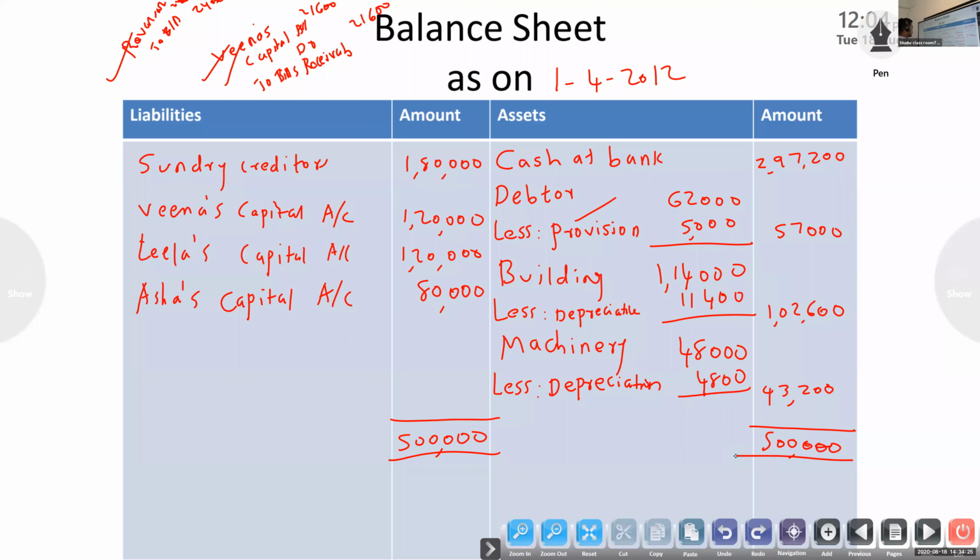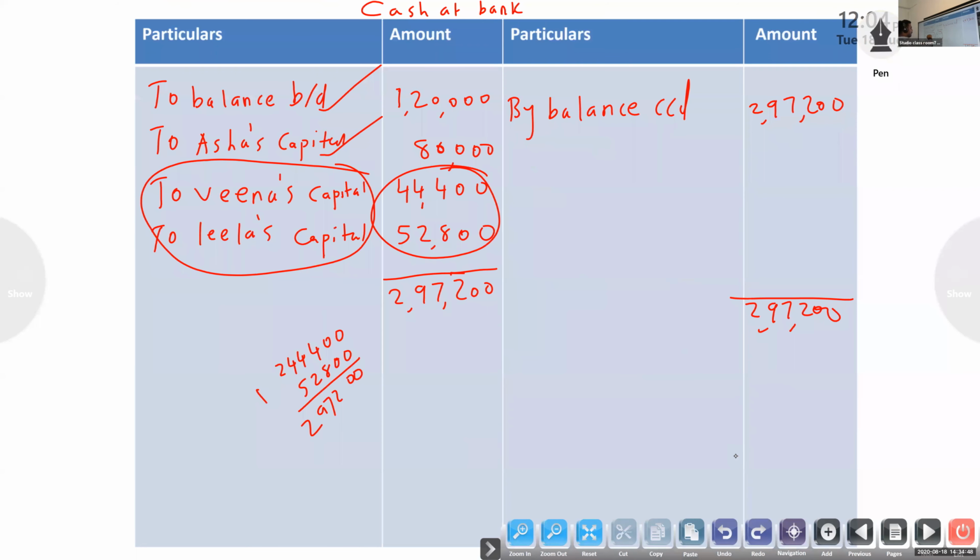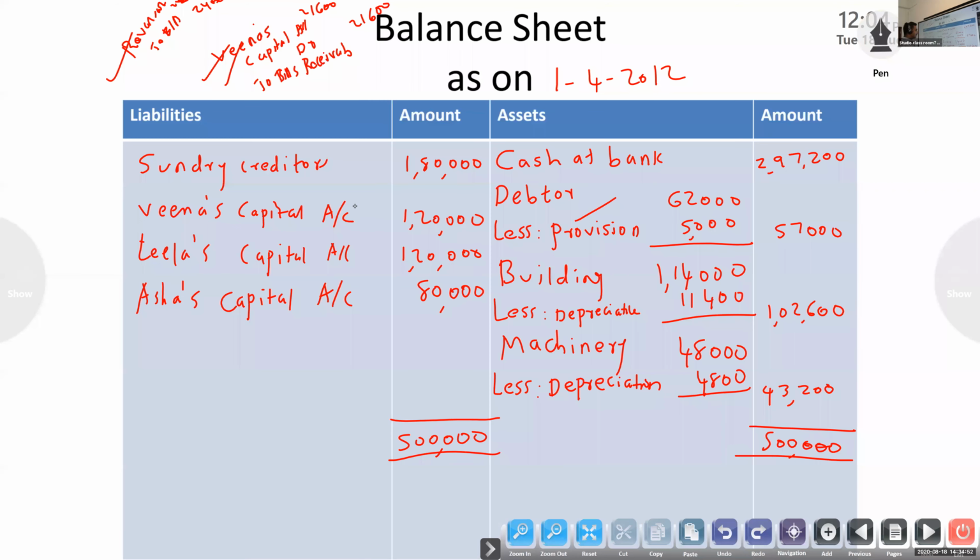Okay. So now you may have doubts: if there is a current account and loan account, where will it come? I said you have to write the partners' capital account, and instead of cash you have to write current. Then in cash at bank it won't come. So where will it come? If it is a current account and loan account, it is very easy.